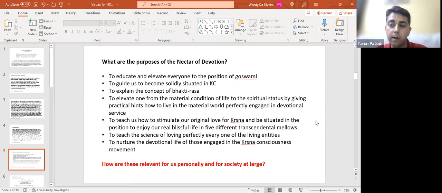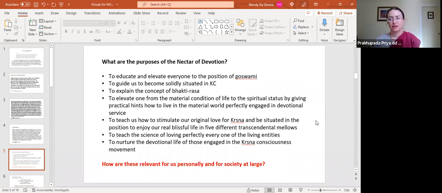So they were not clear about what is real devotional service. Then after Bhaktivinoda Thakur, Bhaktisiddhanta Saraswati Thakur and Prabhupada came, the conception of Bhakti Rasa became clear, that Bhakti is not only emotion, but it is devotional service. And Prabhupada also called this book the law book for devotees. Before taking initiation, everyone should read this book.